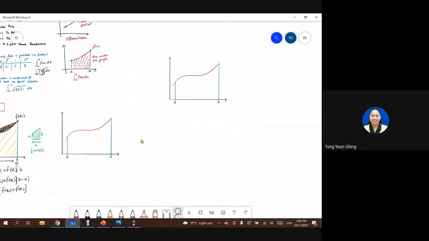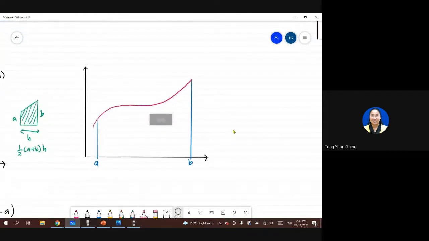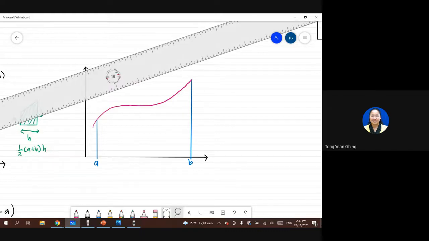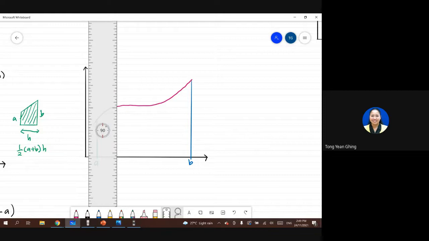When I want to make the error smaller, I will divide it into several segments. Let's say I divide into 4 segments.